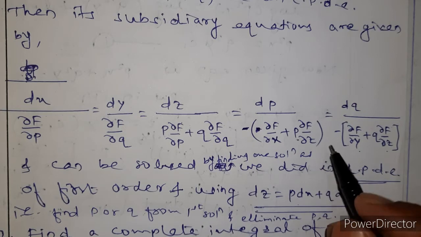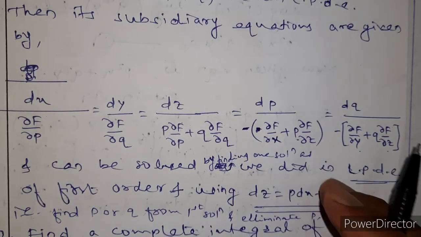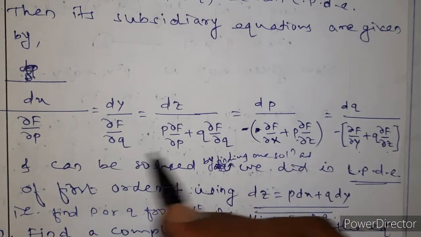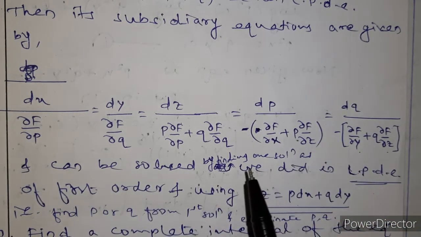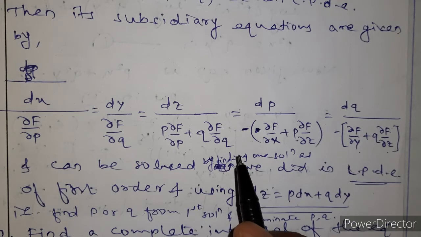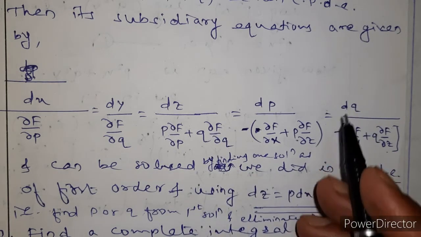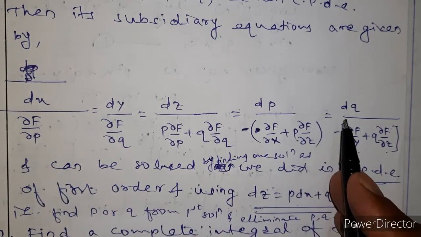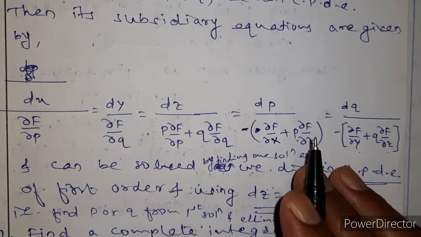Okay, and how we are going to solve it? What I am going to tell you, listen carefully and try to understand it. Write it down carefully. From these equations, we find one solution either in terms of p, q or in terms of p, x or in terms of q, y, anyone.